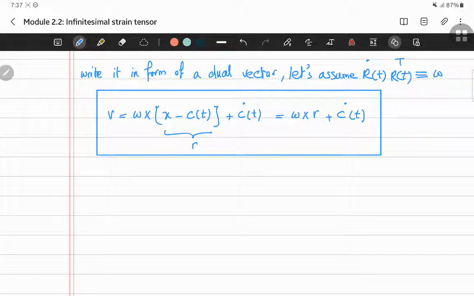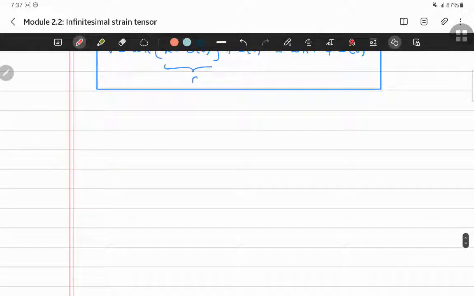So next, we have the infinitesimal deformation.